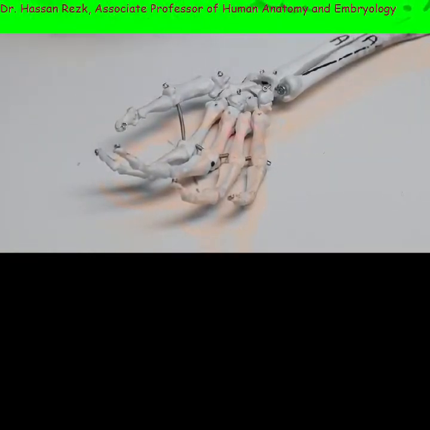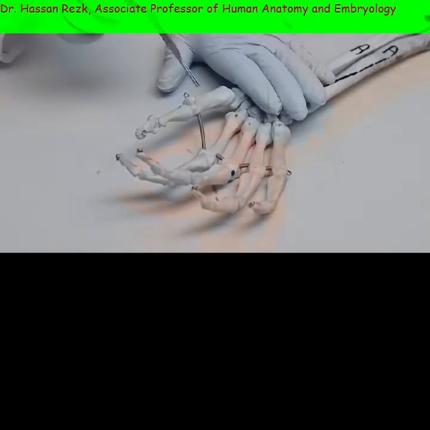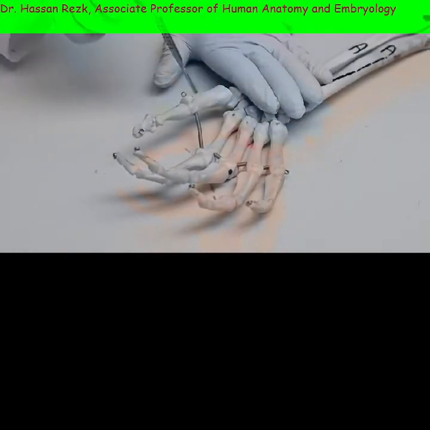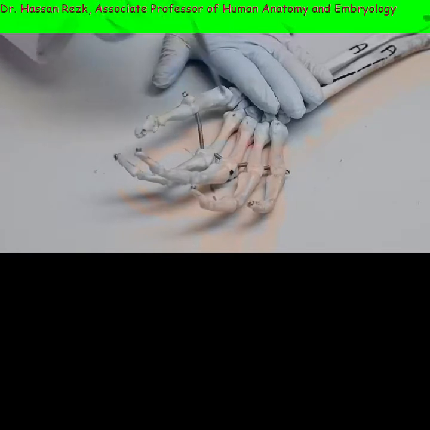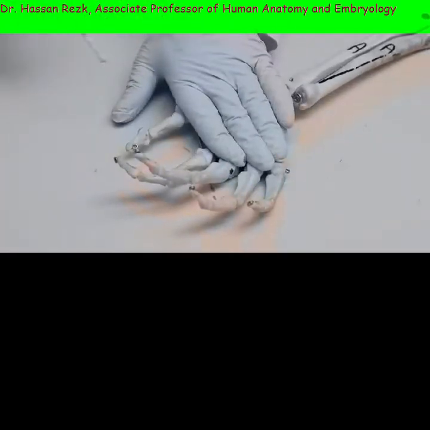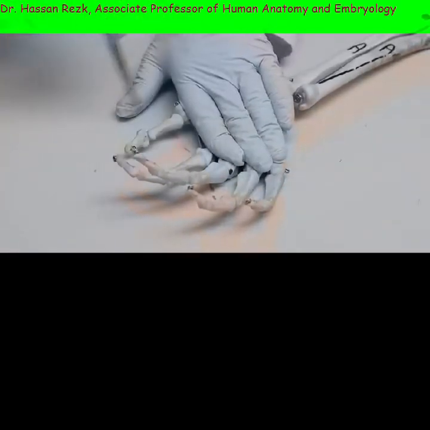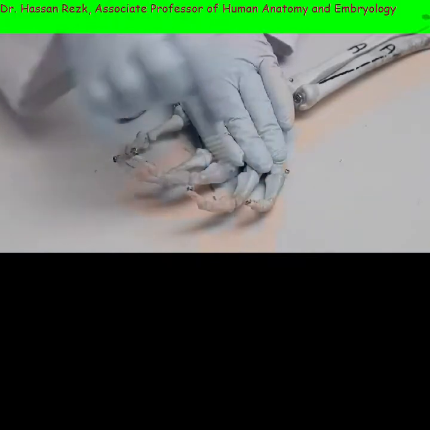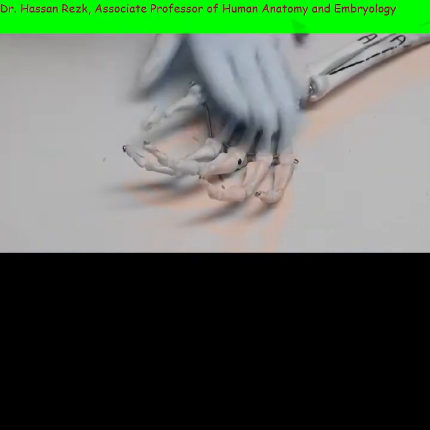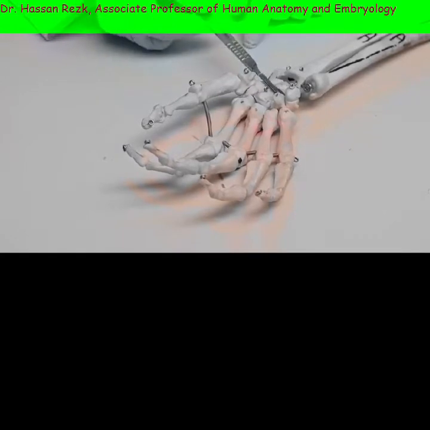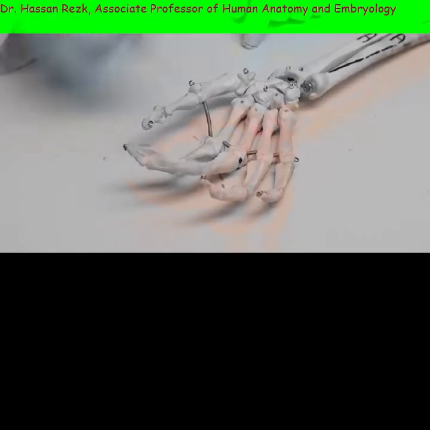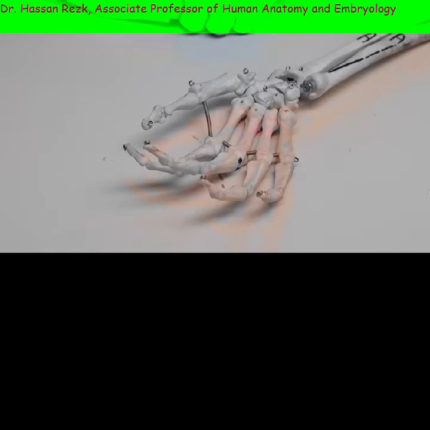Then 5 bones forming the metacarpals, and then the 14 bones forming the skeleton of the fingers. So 8, 5, 14 equal 27.